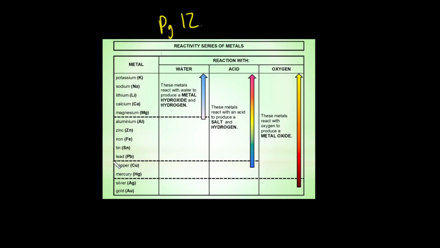And then I would put a little line just above copper in the table and say the same thing, but this time with acids: these metals all the way up from above copper react with acids to produce a salt and hydrogen. And then again, I would put one more little line just above silver and say all these metals react with oxygen to produce a metal oxide. So we need to know which ones react with what and what they produce.